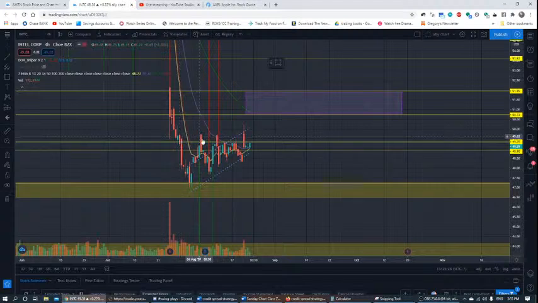So 1, 2, 3, 4. So it might be consolidating more if we can't break above 50. That's where I'll be looking to take it long. Until then, I'm not going to be looking at Intel until it breaks 50. It's a good long-term hold if you want to buy stock.